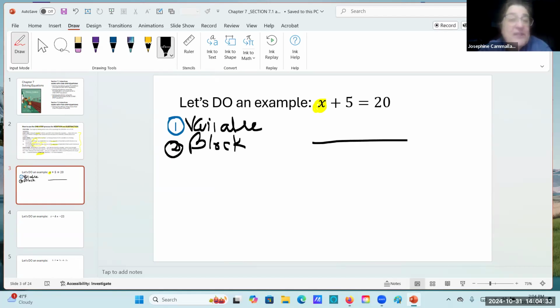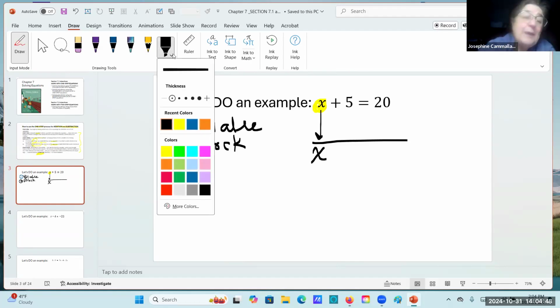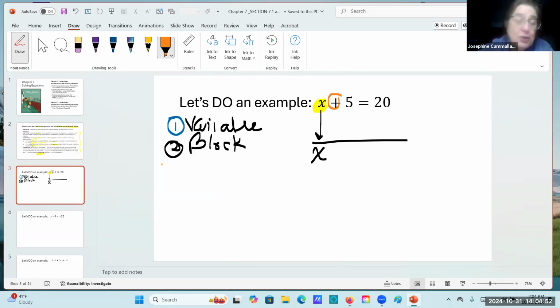Now notice I left a space between the equation, and what I'm going to do is bring down below that bar an X, because that X is not changing. Now, what is happening with the 5? Well, we're adding 5 to that X, which means above the line, I am going to subtract 5 from both sides.